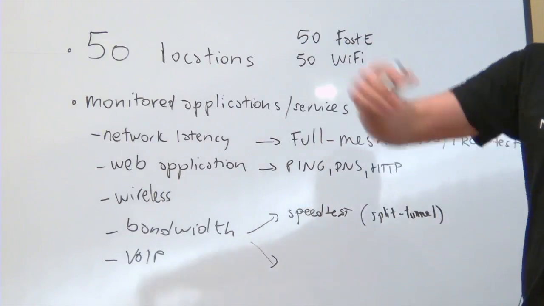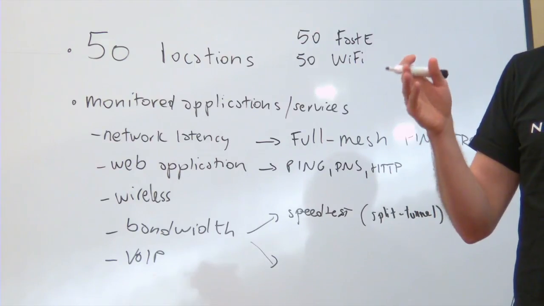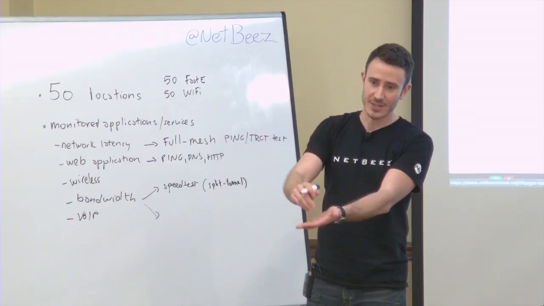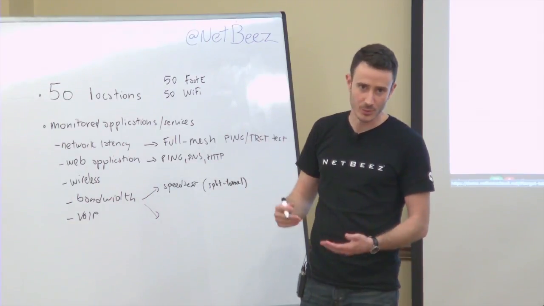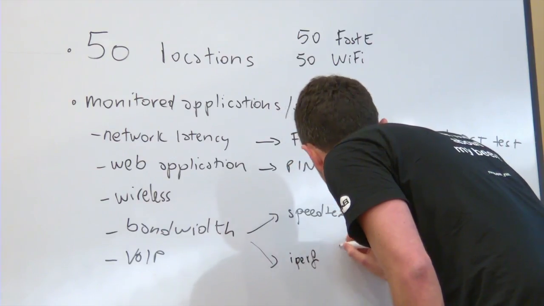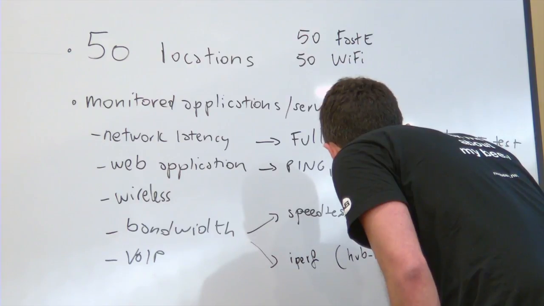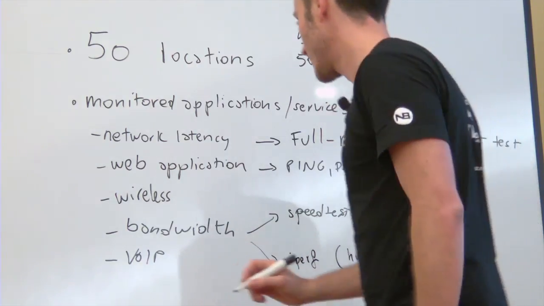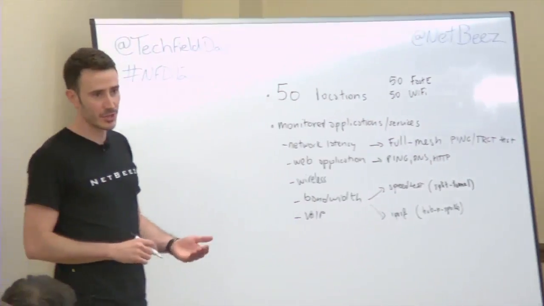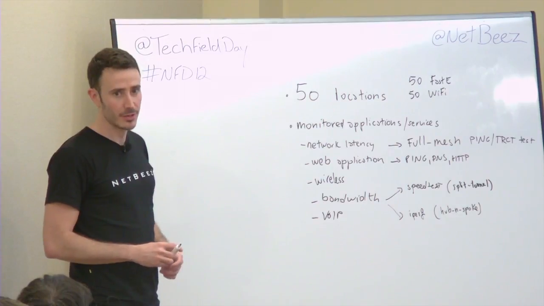If you have a dedicated leased line, you can do an iPerf maybe to your data center because you want to make sure that from the site to the data center the line is good, and then up to the internet you can do it from the data center. This is hub and spoke. And lastly is voice over IP. You can accomplish that with the VoIP scheduled test periodically.